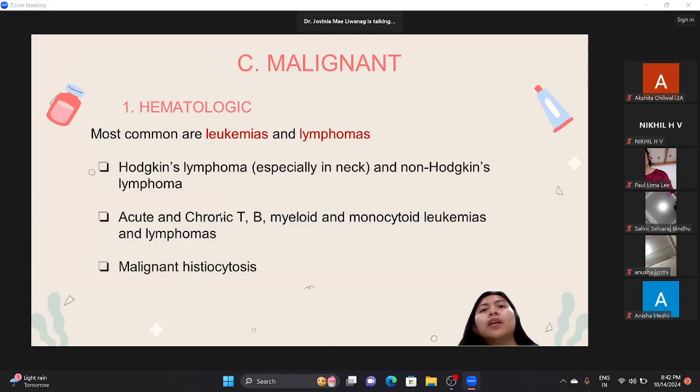Another common etiology of lymphadenopathy is hematologic, and the most common are leukemias and lymphoma, such as Hodgkin lymphoma, acute and chronic leukemias. The ones you will focus on here are always leukemia or lymphoma, which are malignant.